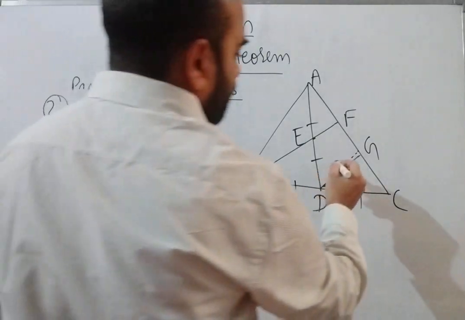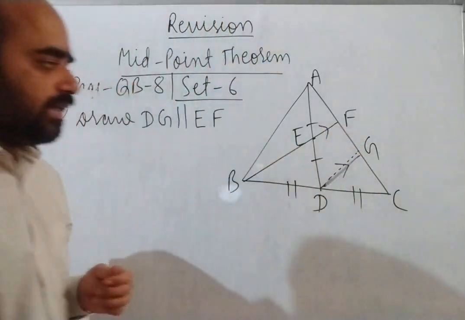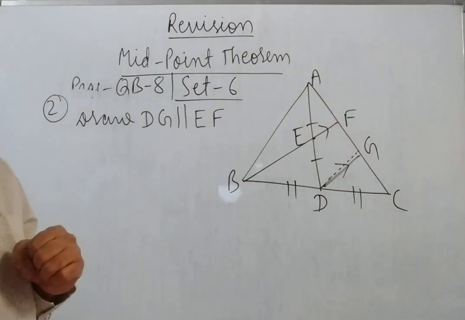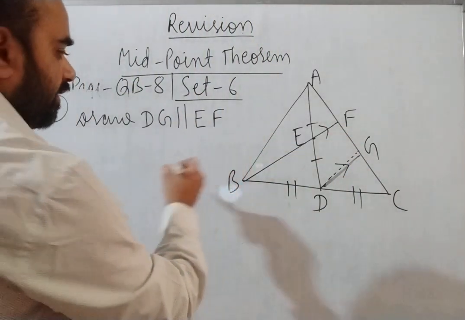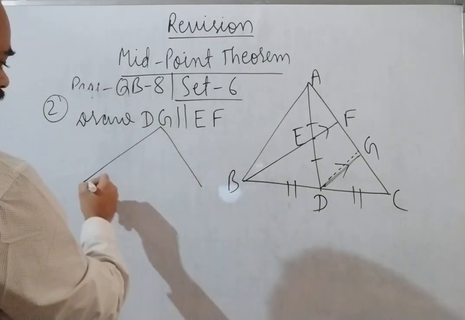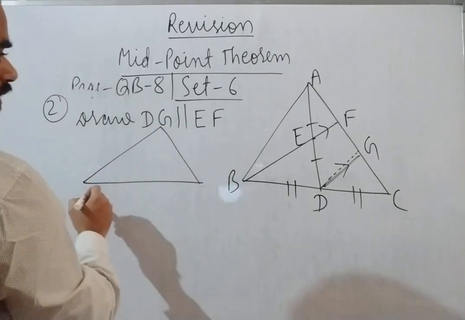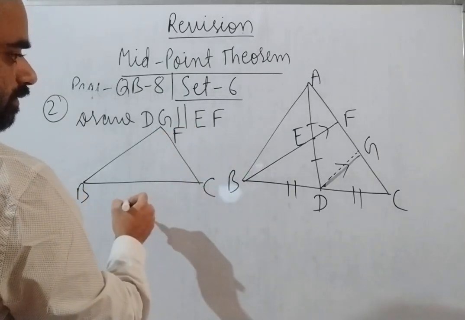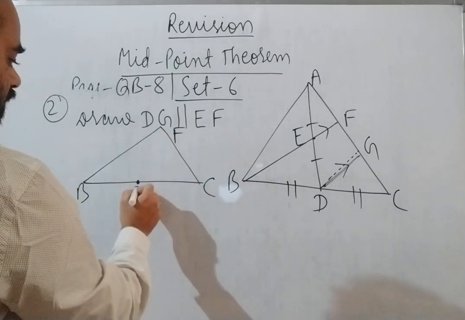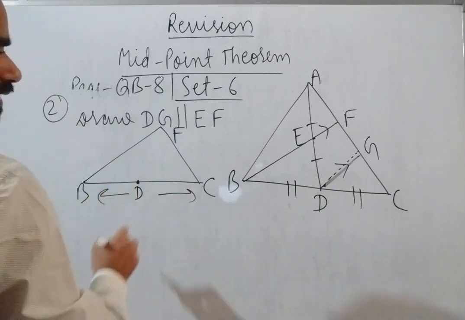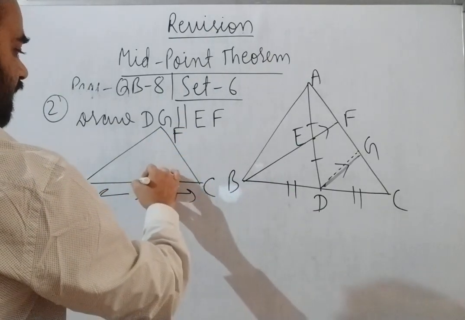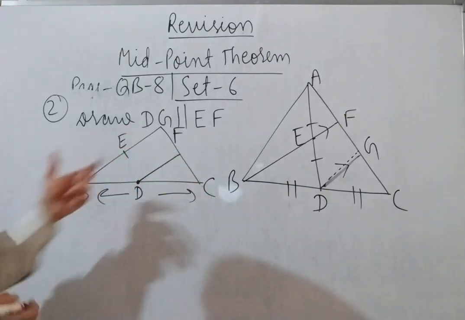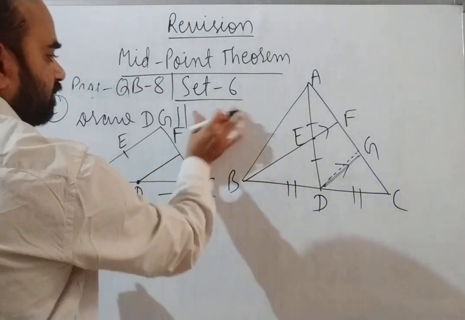So what is the advantage if you will take DG parallel to EF? See, now take the triangle BFC. In triangle BFC, what is the advantage? D is the midpoint of BC, correct? And DG is parallel to EF or BF, whatever you can take.